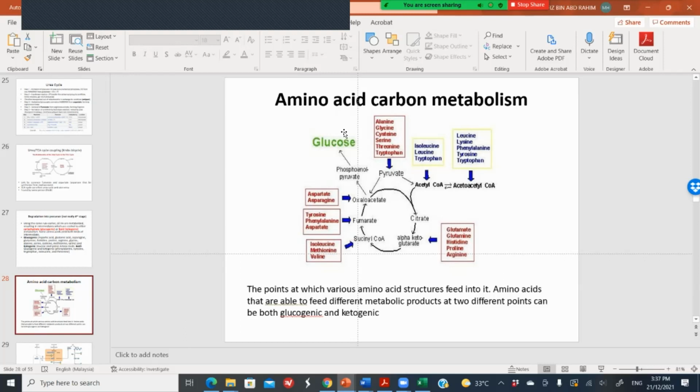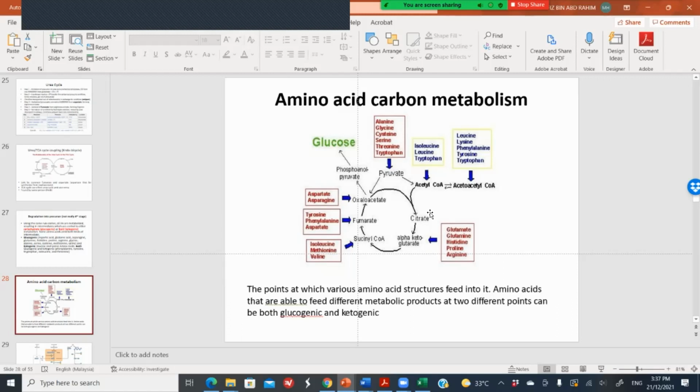Or oxaloacetate form glucose. Pyruvate kan boleh form glucose, right? Boleh. Okay, and we also established that oxaloacetate can also produce glucose. So if the amino acid can produce any of the intermediates in the TCA cycle, it can go round and eventually produce back the oxaloacetate.